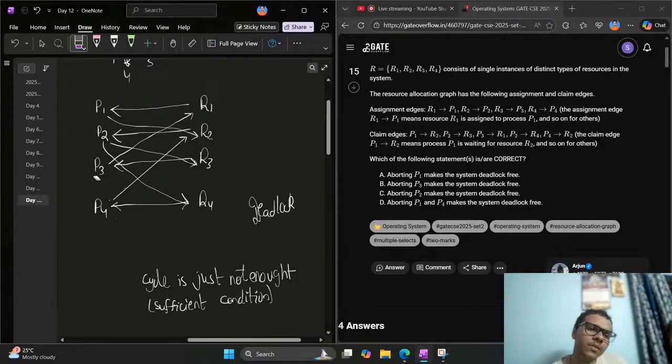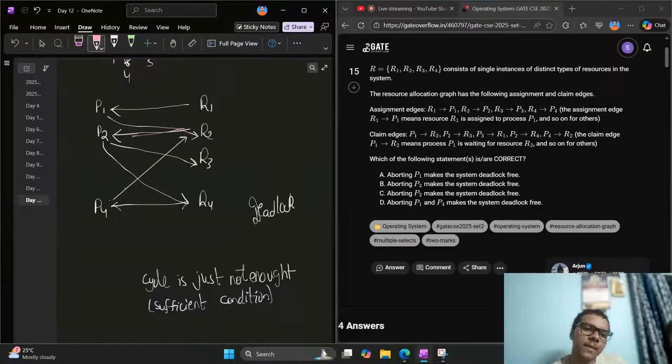I mean P3, sorry. 1, 2. Are we still in the cycle? 1, 2, 3, nothing. So there is nothing else to check. 1, 2, 3, 4. That is a cycle. See? This is a cycle.